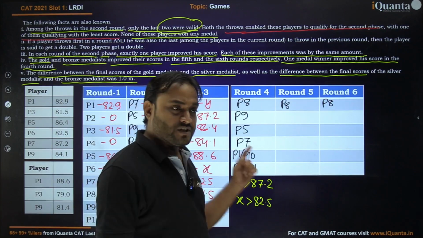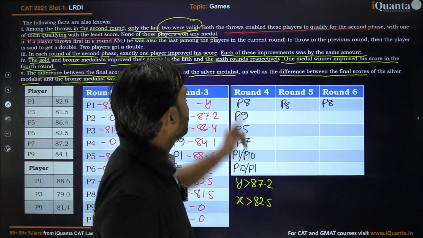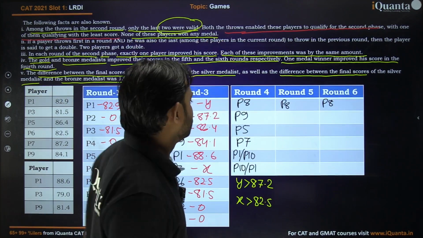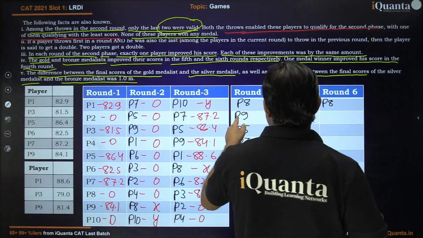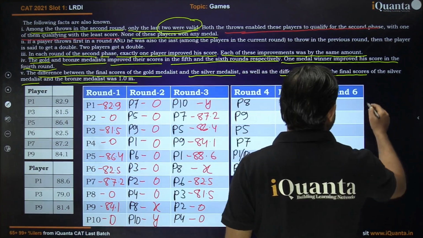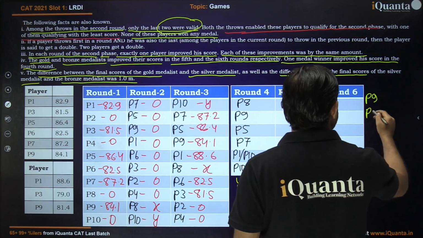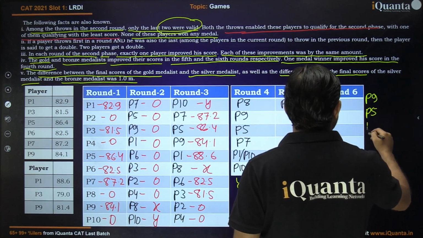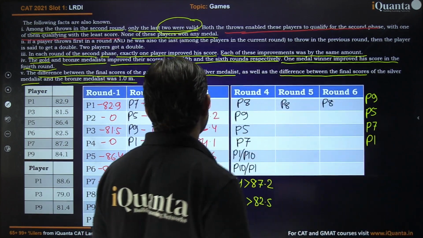Now we know for certain that P8 and P10 did not win any medal. It's given here, right? So let's write down the rest of them who could be the winner. P9 could be the winner, P5 could be the winner, P7 could be the winner, or P1 could be the winner, right?